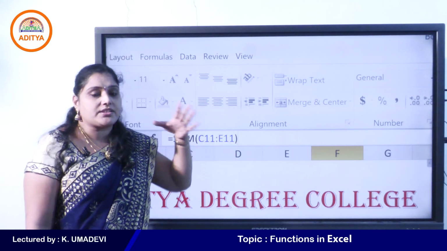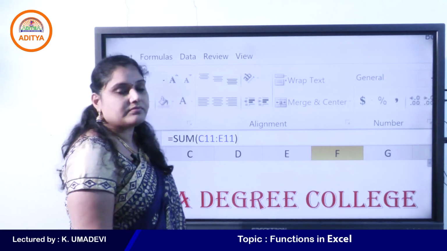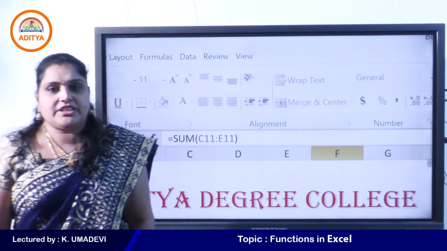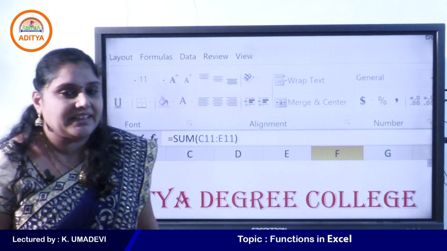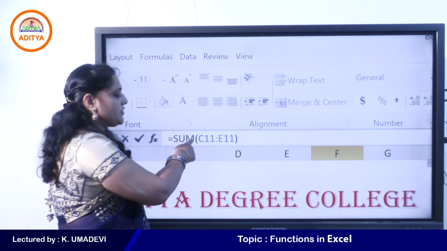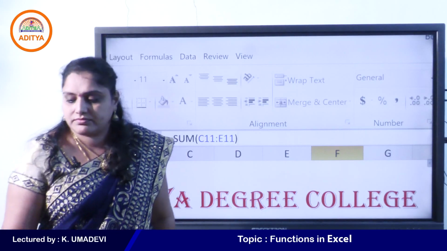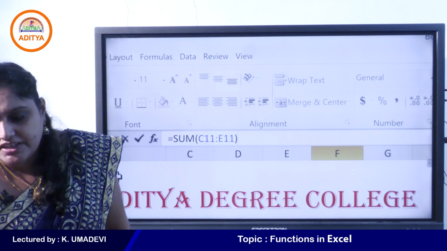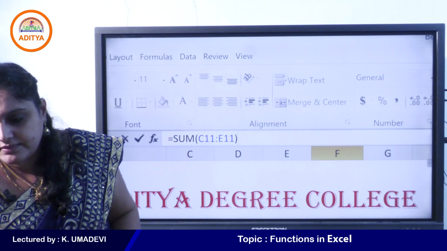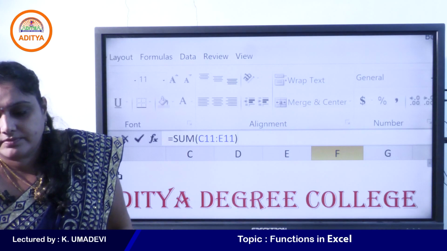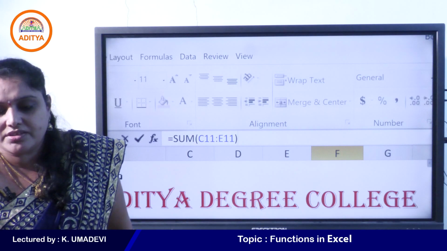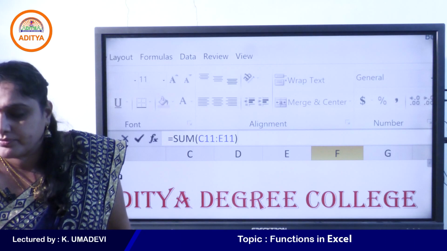Okay students, do you understand about the sum function? Without the sum function, we can directly use the plus operator to add the cell values, right? Come on students, please respond. So do you understand? See, only one response. So what about the remaining?